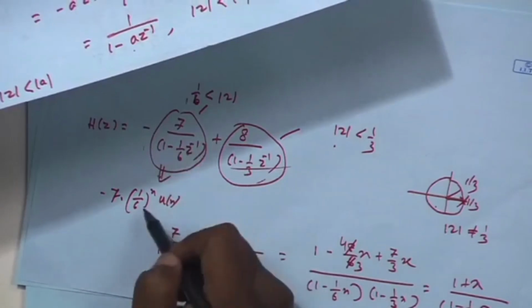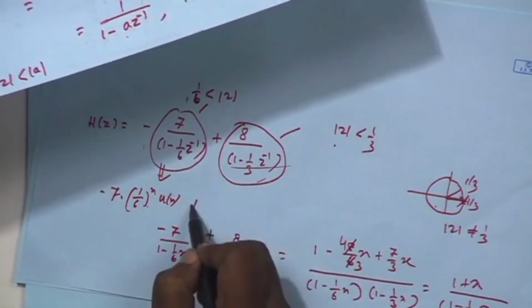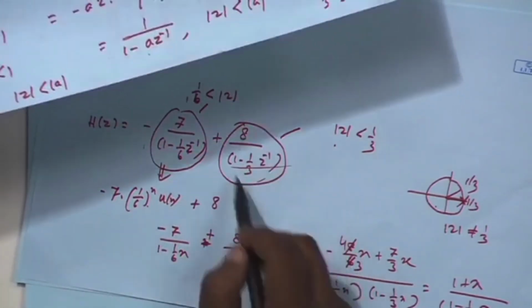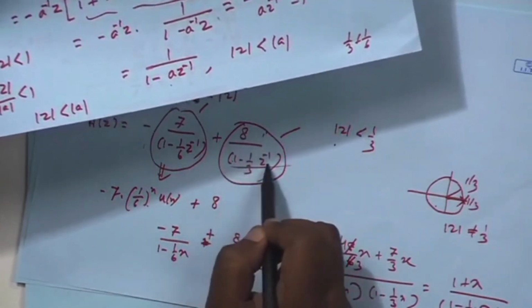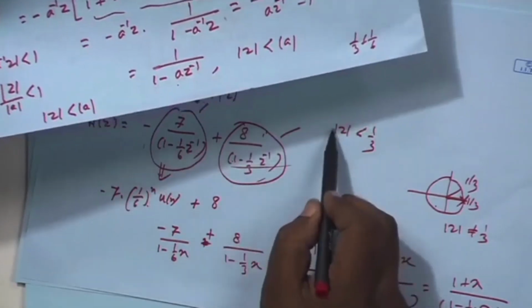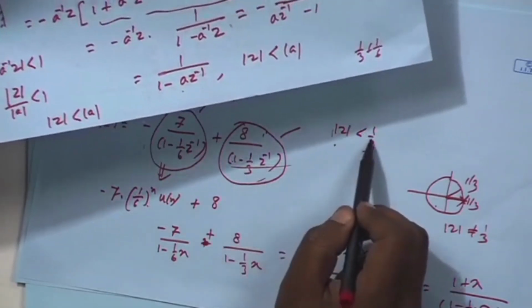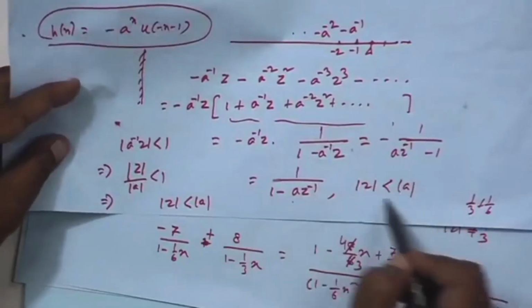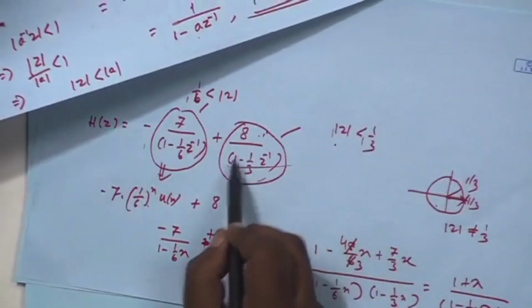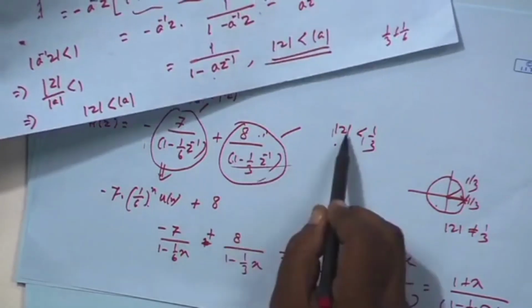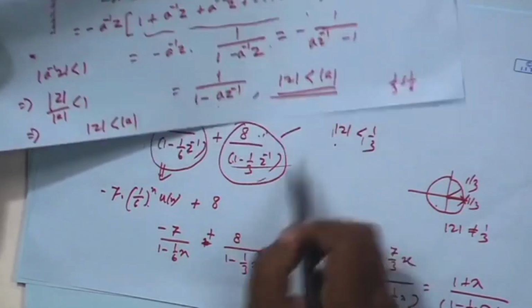So, in this case it is of the form 8 into 1 by 1 minus a z inverse, a is 1 by 3, but ROC is mod z less than mod a. Okay, this one. Same expression 1 by 1 minus a z inverse, but ROC is mod z less than mod a, which is 1 by 3.